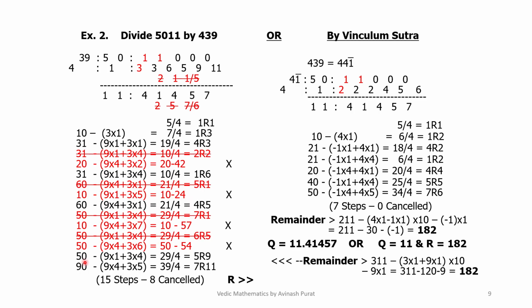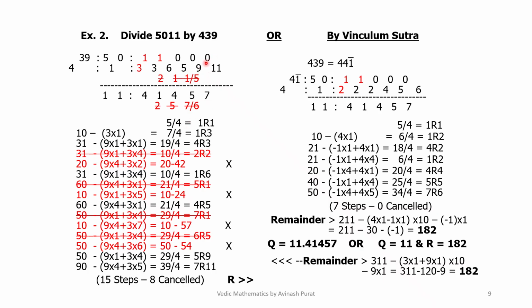Then we come back again to 50 minus 9 into 1 plus 3 into 4 equal to 12 plus 9, 21. 50 minus 21 is 29. 29 divided by 4 equal to 5 and remainder 9.